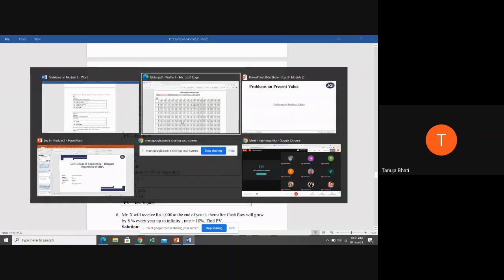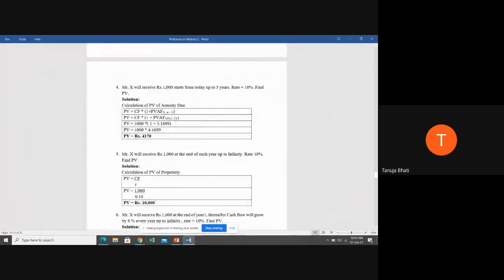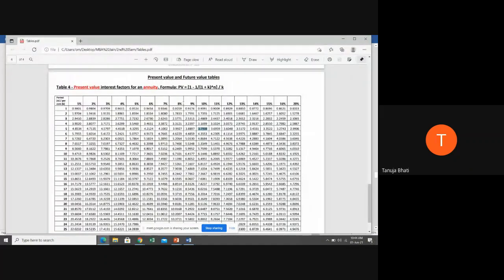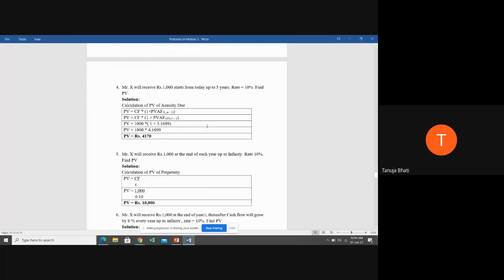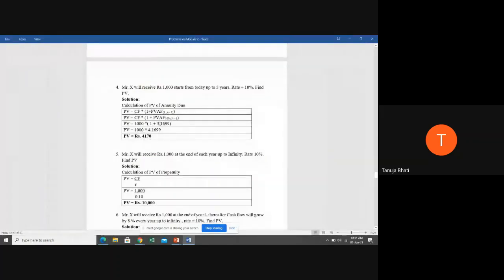So we go to table number 4, where we see 10% for 4 years, which is 3.1699.